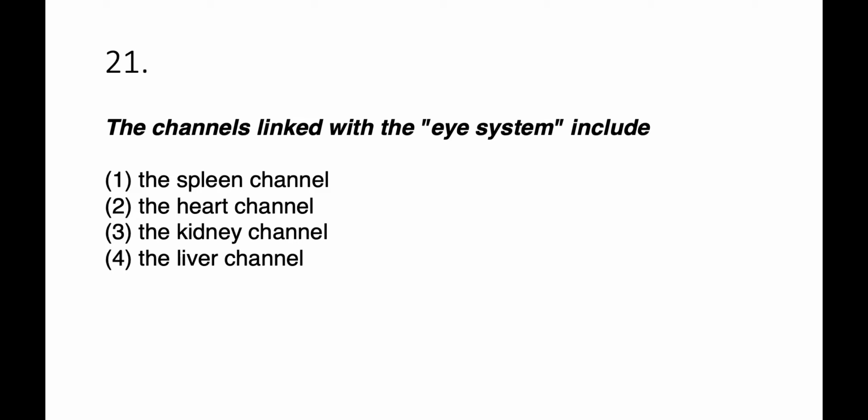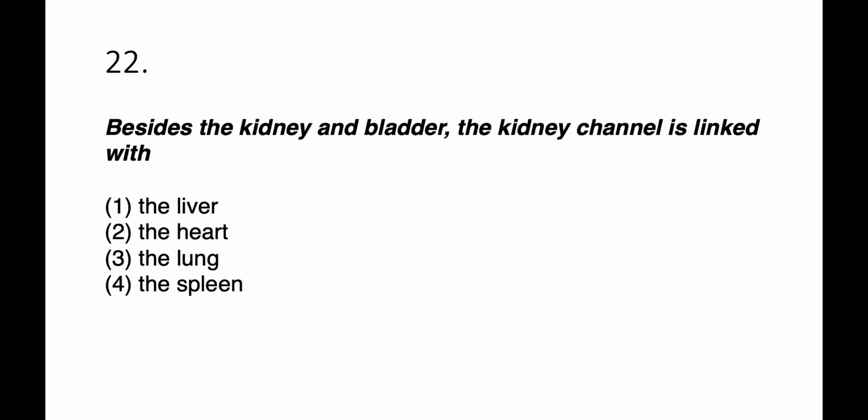Nakakita na ba kayo ng likod ng mata using the funduscope, no? But the heart channel and liver channel, it affects the eye system. Okay, so your answer is? Letter C po. 2 and 4. Heart, liver. Number 2 and 4, yes. Okay. Number 22.